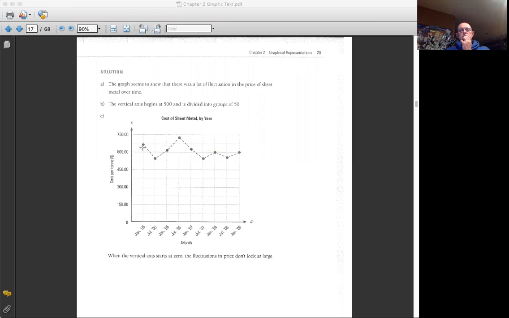I think it's more like that. It looks like there's been a huge fluctuation, but what we see here though is a general downward trend. Really, if you look at it as it says down here, the fluctuations in price are not that great. That's why it's a bit misleading.